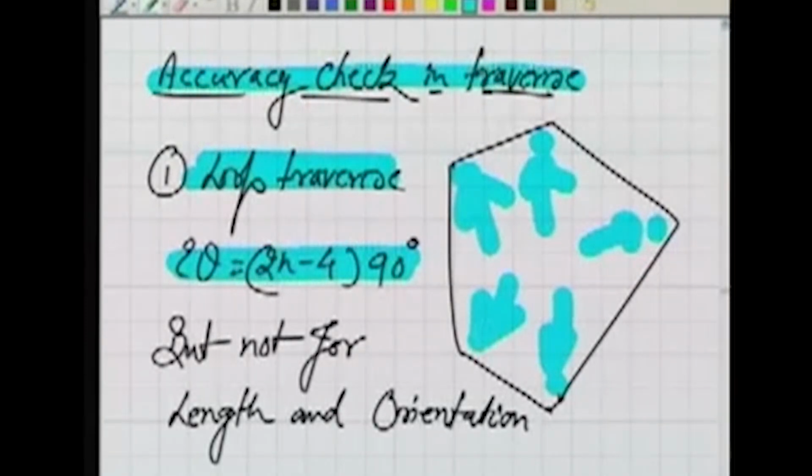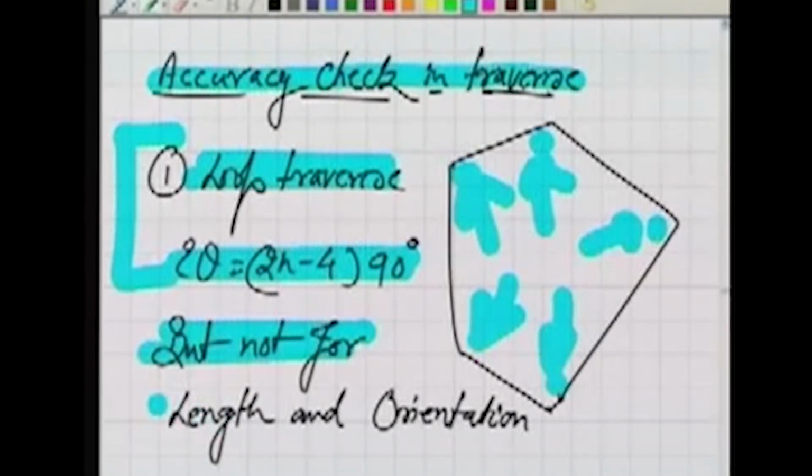But this is not the full solution. Why is it not the full solution? Because we have not done anything so far for length. While we are measuring the length of these lines, this length was measured, this length was measured, and this length and this length. So in measuring these lengths also, some errors were introduced. We cannot measure the true value.